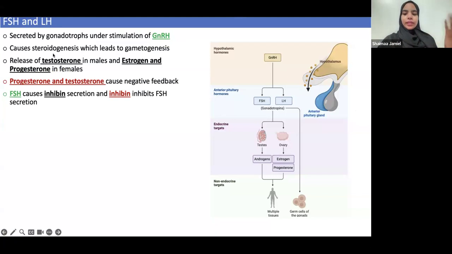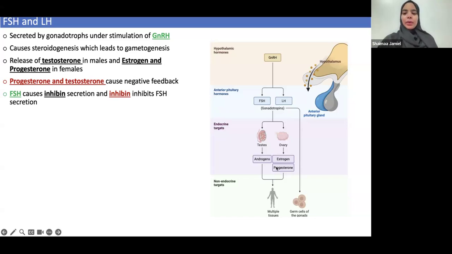And then they're going to increase gametogenesis. So they go to the gonads, which are the testes in males and ovaries in females. In the testes, they're going to increase the secretion of testosterone. In the ovaries, they're going to increase the secretion of estrogen and progesterone.